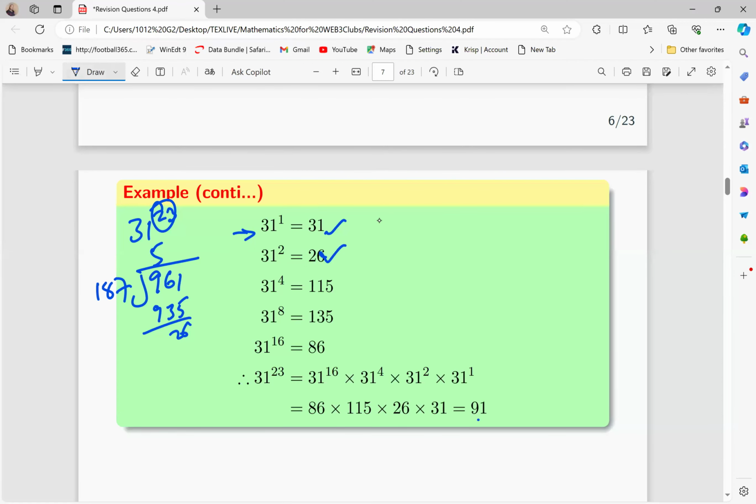Now, to get this next line, we square the one above. The left side, when you square this, you get that. Is that okay? Our interest is here. 26 times 26 mod 187. What is 26 times 26? 676. Divide that by 187. 3 times.